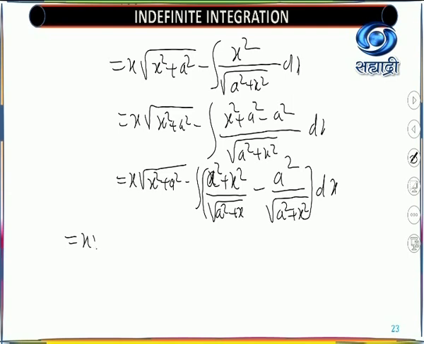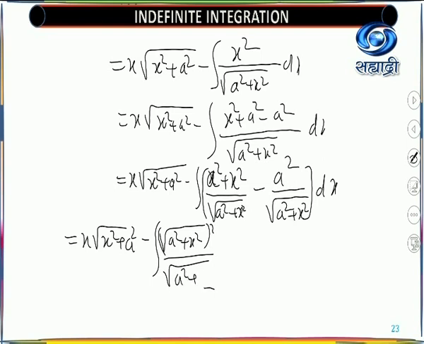So these are the two terms, and you are able to write this as x root of a square plus x square minus the integral. Now I'll separate this out: root of a square plus x square, bracket square, upon a square plus x square dx. I will write in terms of root only so that it gets simplified. Now minus of minus is plus a square, integral of 1 upon root of a square plus x square dx.